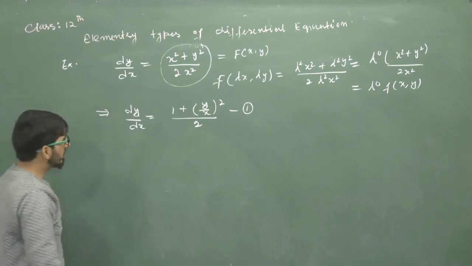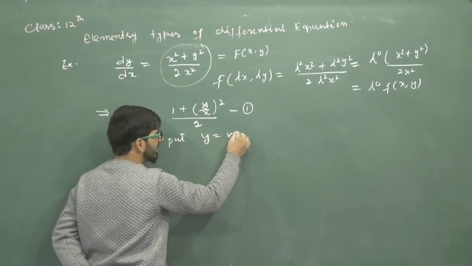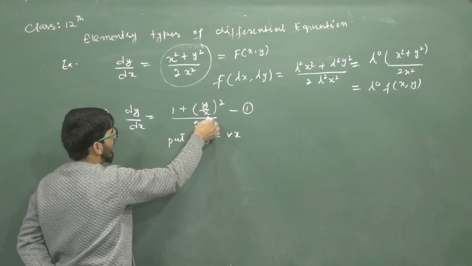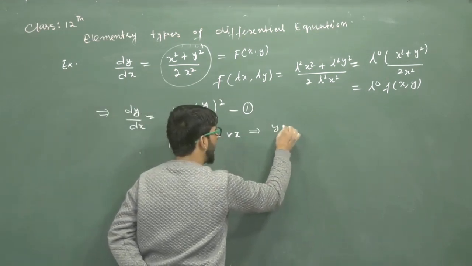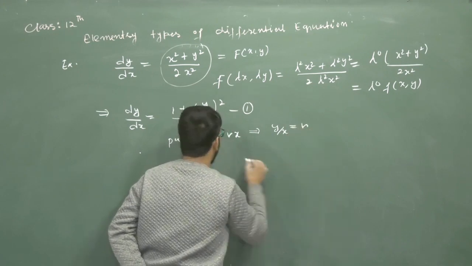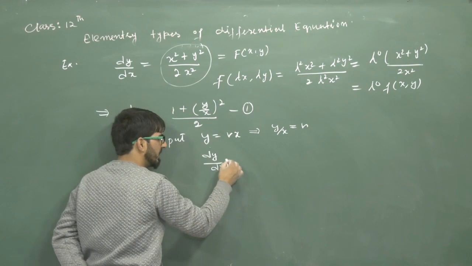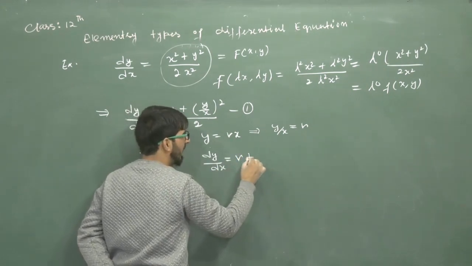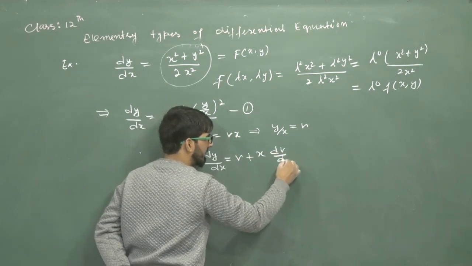So the second step is put y is equal to vx and get the value of y by x and dy by dx, which implies y by x is equal to v, and after differentiating we get dy by dx is equal to v times the differentiation of x, which is 1, plus x times the differentiation of v, which is dv by dx.